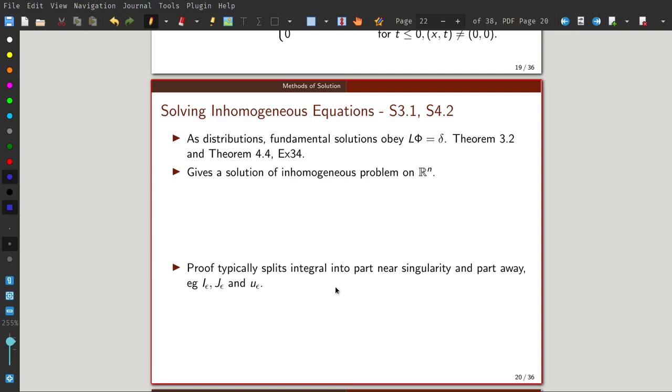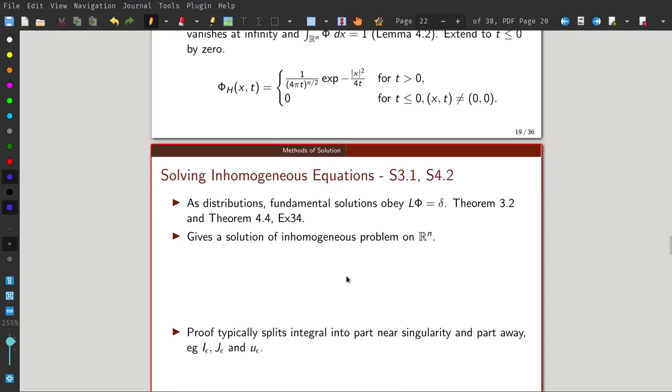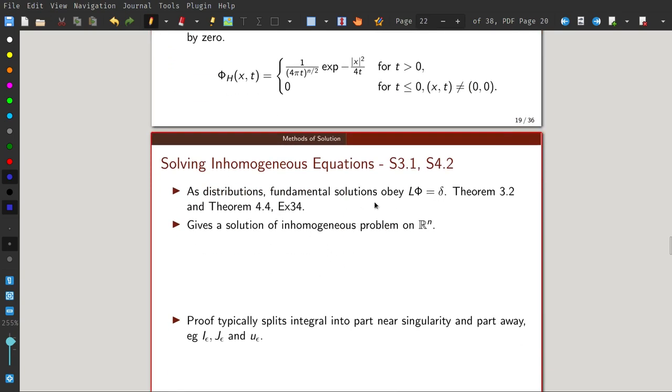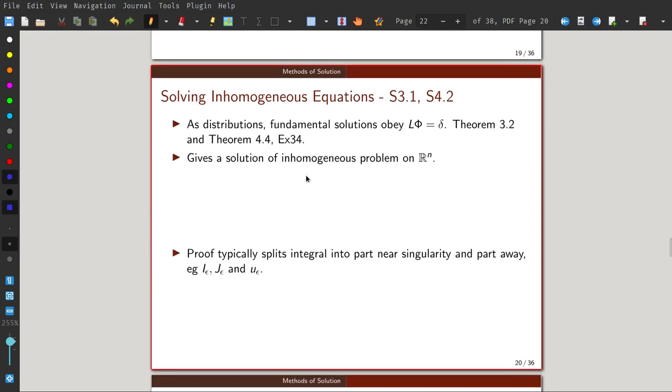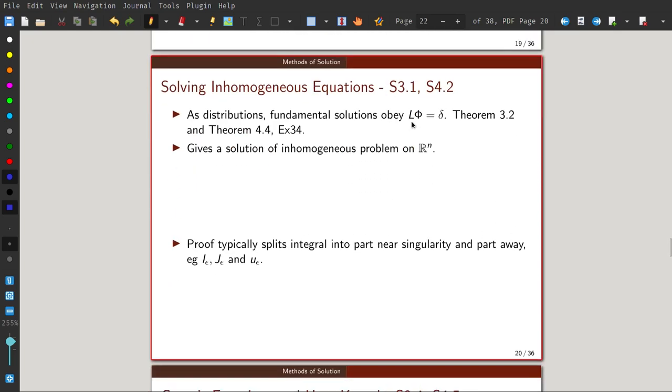So for fundamental solutions, we could have taken different normalizations and then had different fundamental solutions and different solutions to the inhomogeneous problem resulting. But the way that we've chosen it is that the fundamental solutions we have in this previous question obey the fact that when you apply the partial differential operator to them, you get the delta distribution.